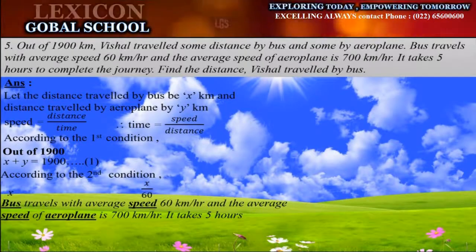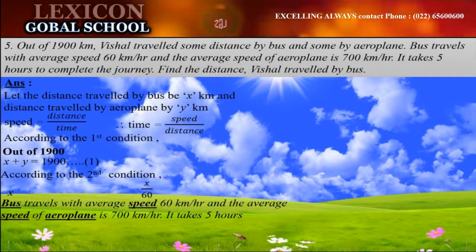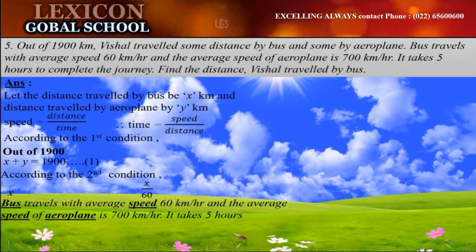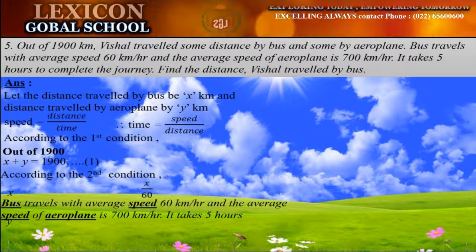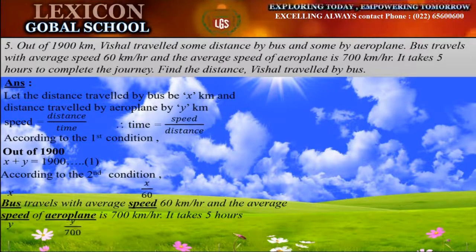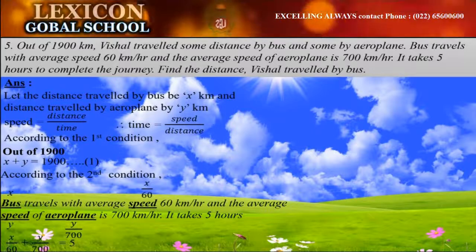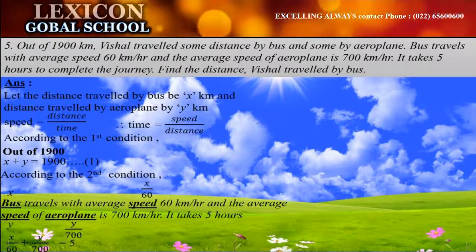So, x upon 60, that means distance upon speed, and for the aeroplane, y upon 700, and in total it's taking 5 hours. Therefore, x upon 60 plus y upon 700 is equal to 5.